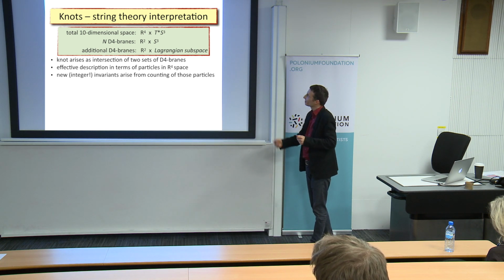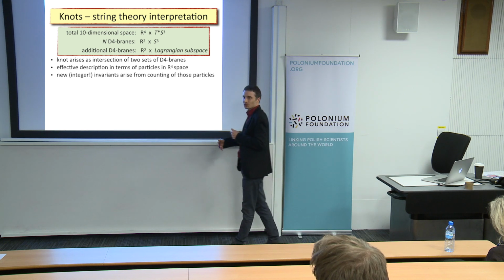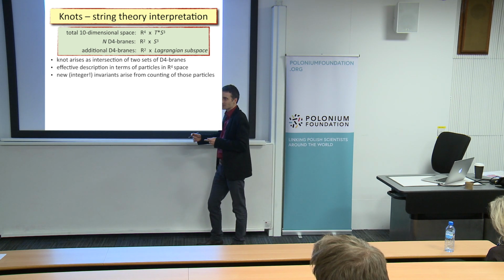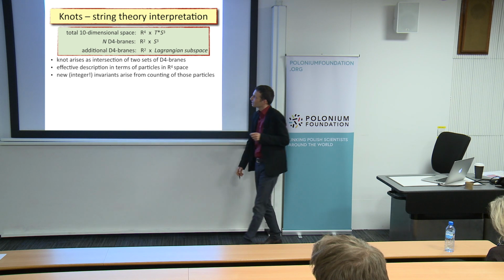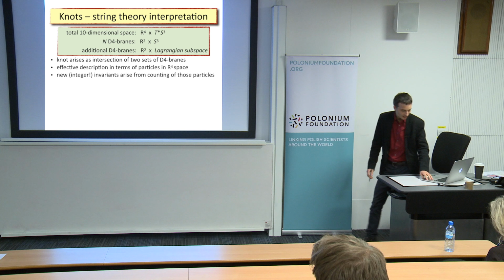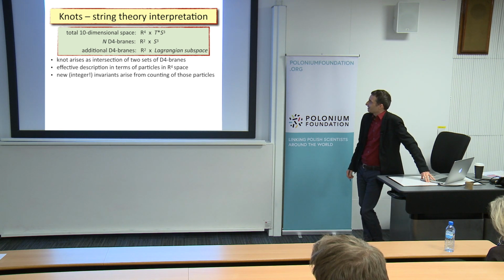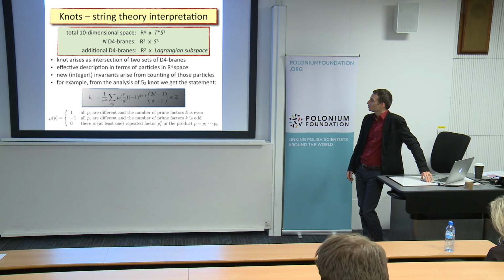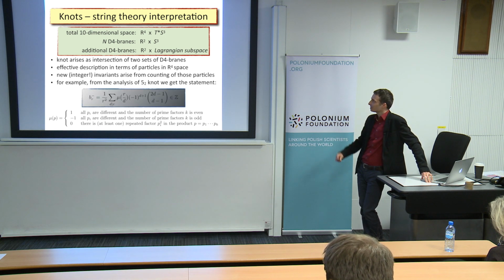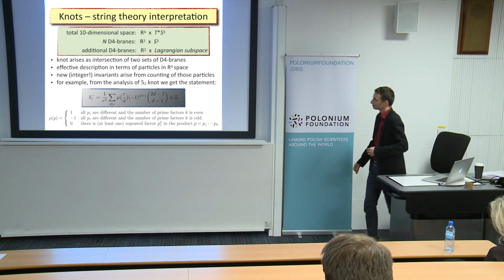We can in some way count these particles which would effectively arise in those 4 dimensions, and it turns out that this counting provides new types of knot invariants. And of course, more details would be necessary to explain how it happens, but I will just show you one result which follows from such considerations, which is quite a non-trivial statement.